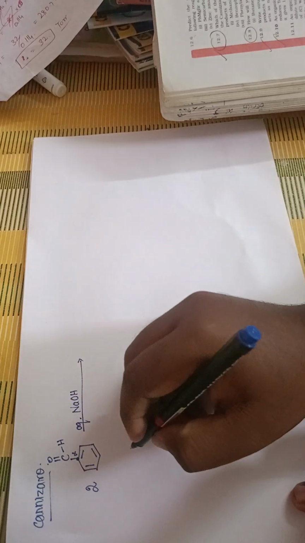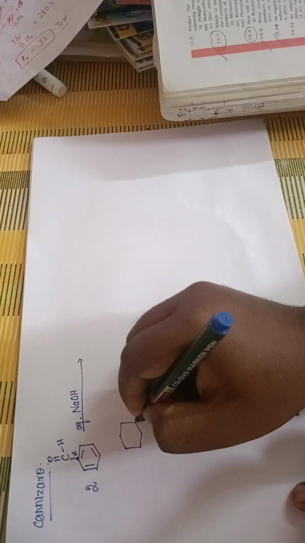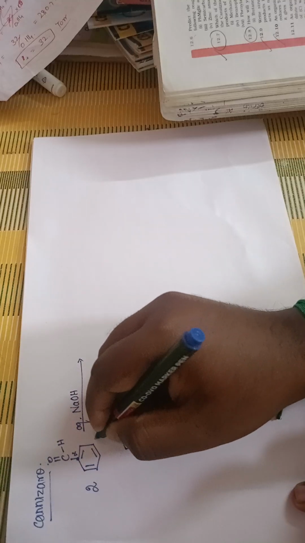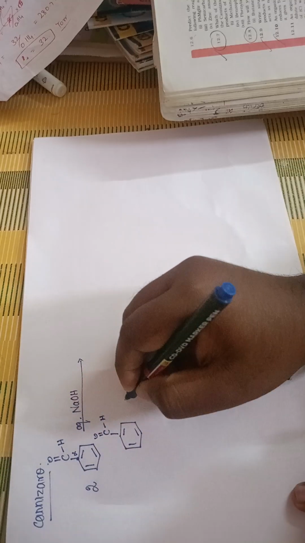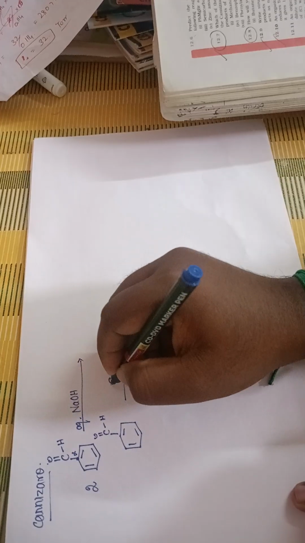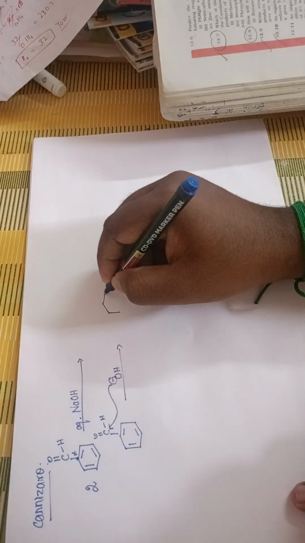So here what happens is, in the first molecule of benzaldehyde, same reaction, OH minus is going to attack the carbonyl carbon.